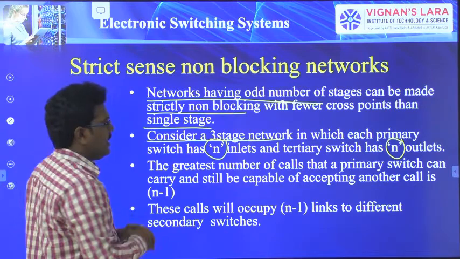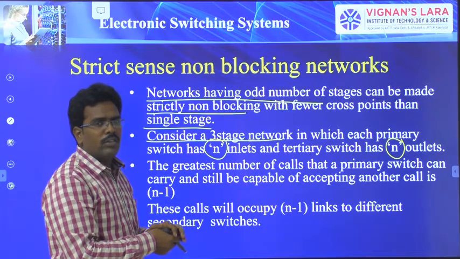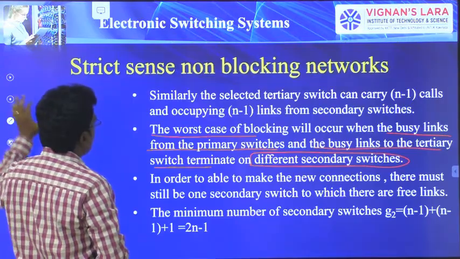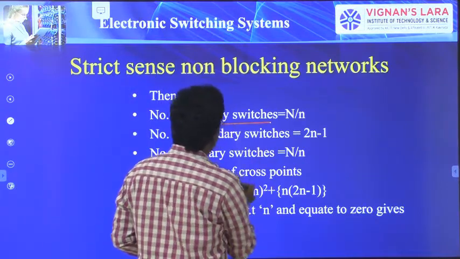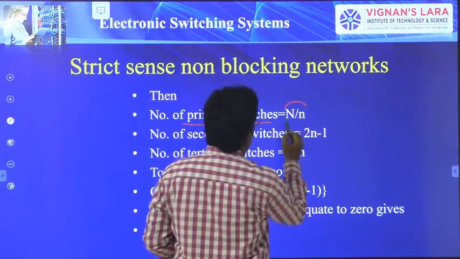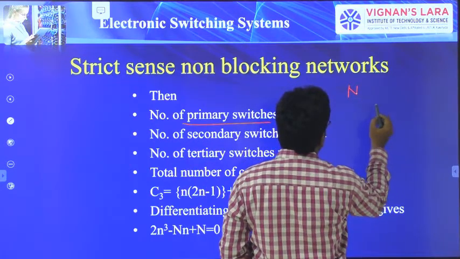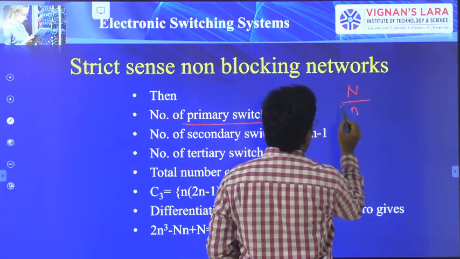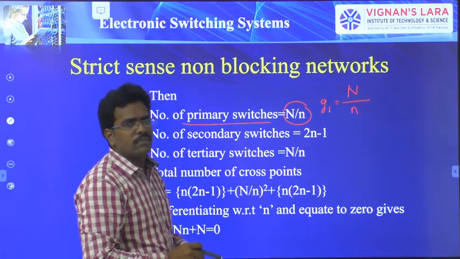So now we see, after doing these modifications of a 3-stage network, what is the cost of the network now? The primary stage contains how many switches? N by n, because you are dividing N inlets into modules, and each module has n inlets, so N by n is the number of primary switches.